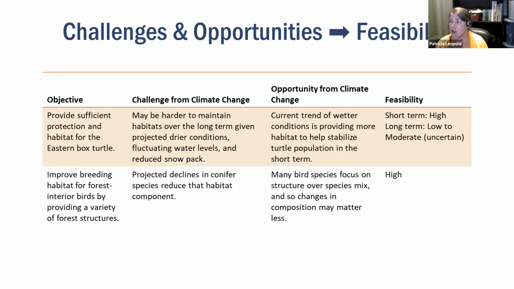So these managers know as an opportunity, however, that as long as they can provide the right structure with better adapted tree species, then the habitat requirements will probably still be met. And so for this reason, they rated their management objective overall as having high feasibility.